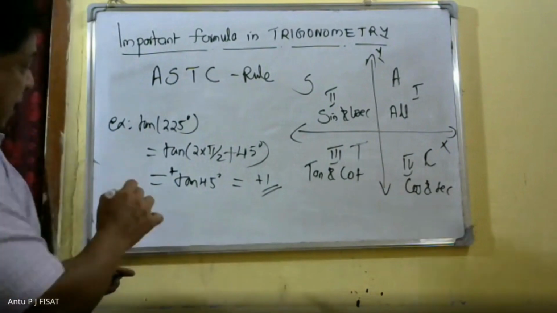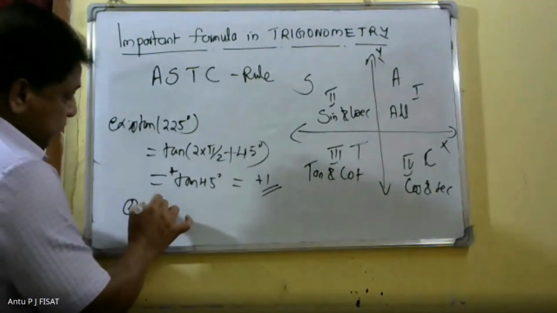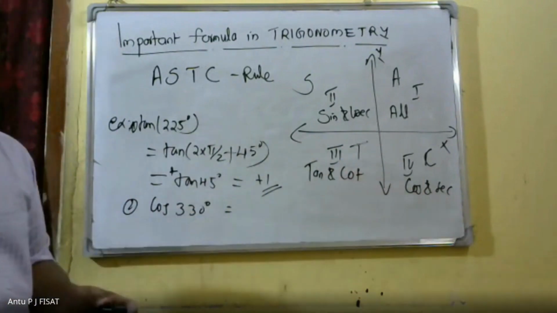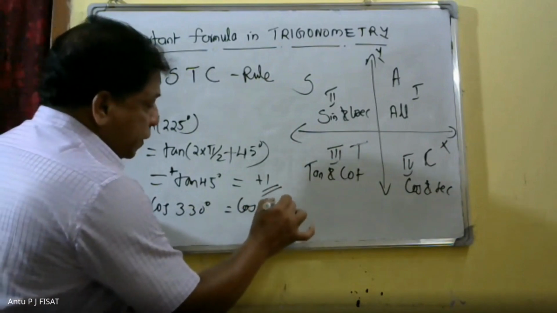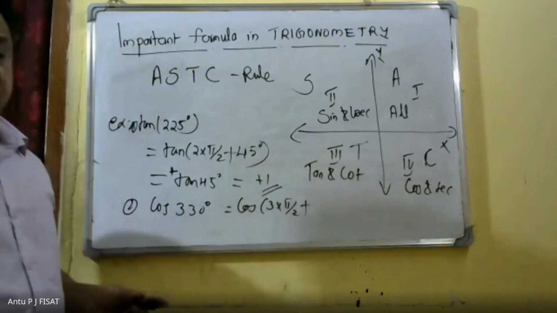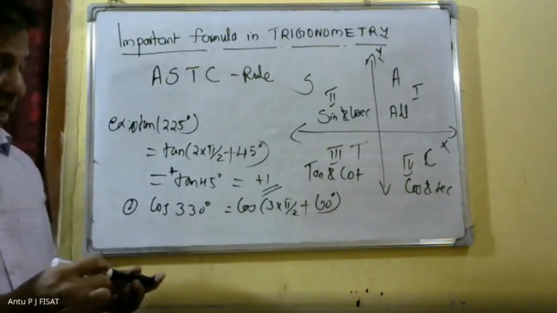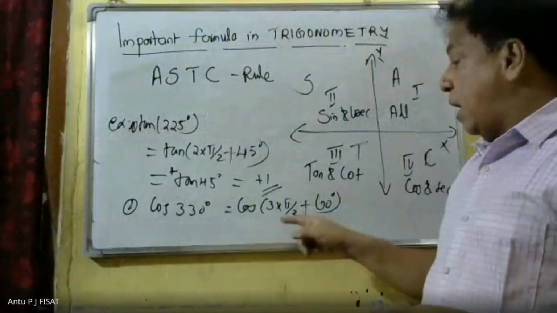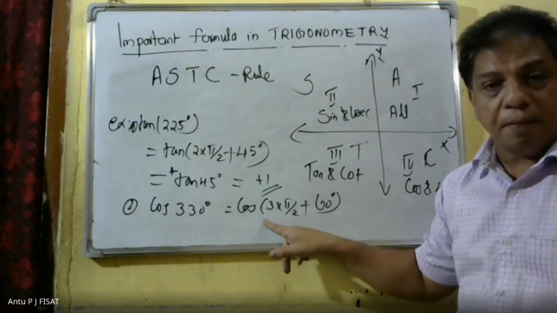We can do another problem, that is cos 330 degree. This can be written as cos of 3 into pi by 2 plus 60 degree. Here pi by 2, 90 degrees, is multiplied by an odd number.